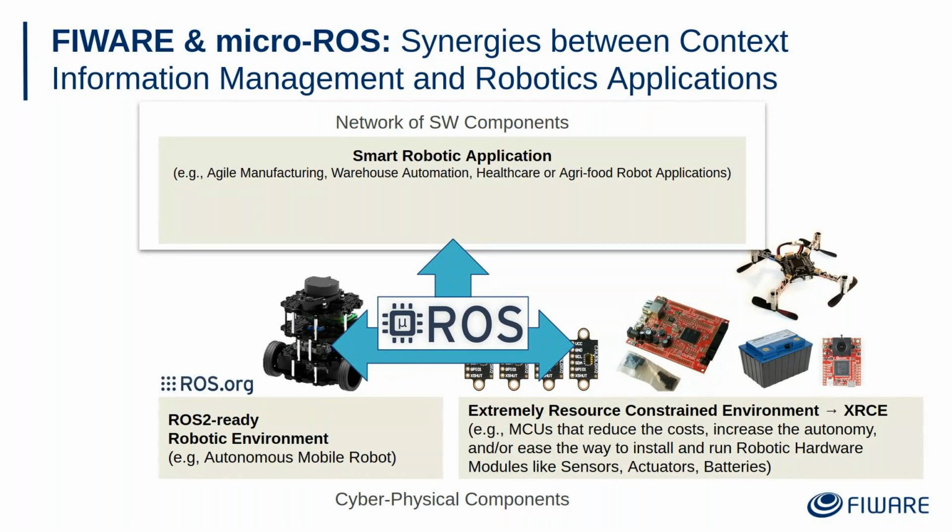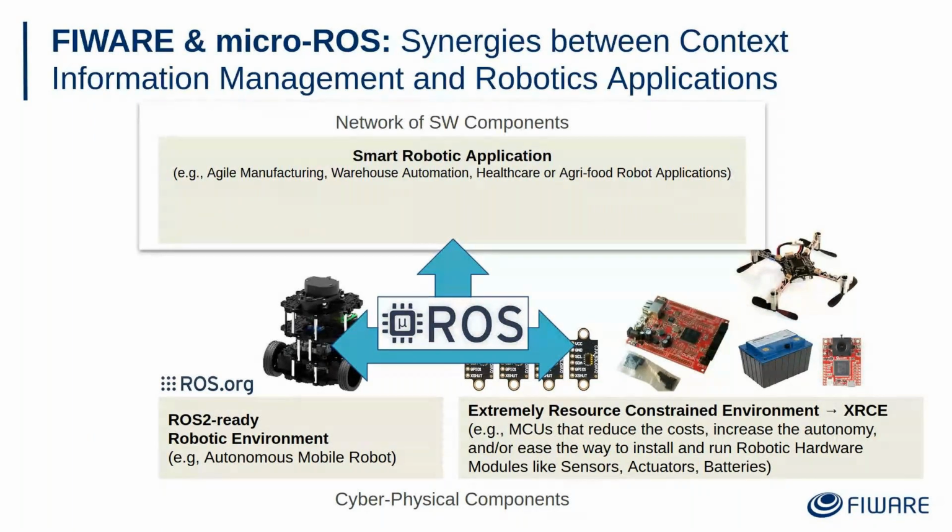infrastructure that is typically running in a network of software components aimed at deploying advanced features for smart robotic applications. The key domains that we are now targeting include agile manufacturing, warehouse automation, and some scenarios in healthcare and agri-food robotic applications.